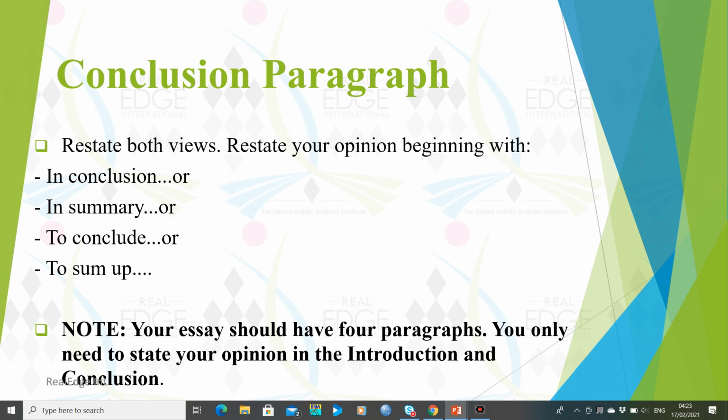Please note that your essay should have 4 paragraphs, and here you only need to state your opinion in the introduction and the conclusion paragraph. We mentioned that in body paragraph 2, this is where you state your opinion.